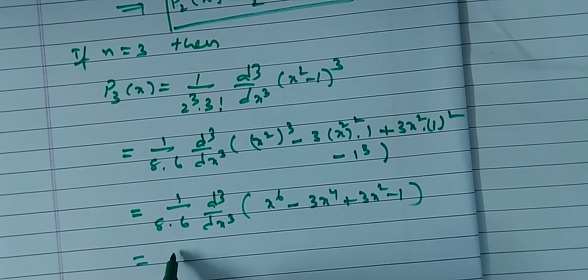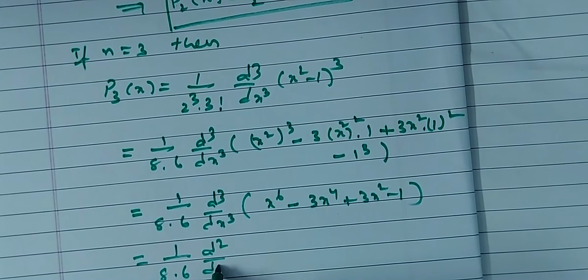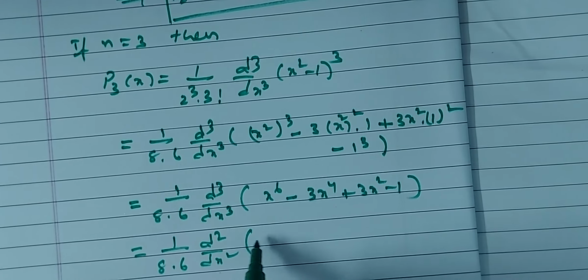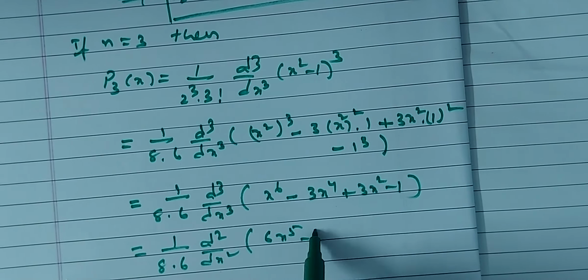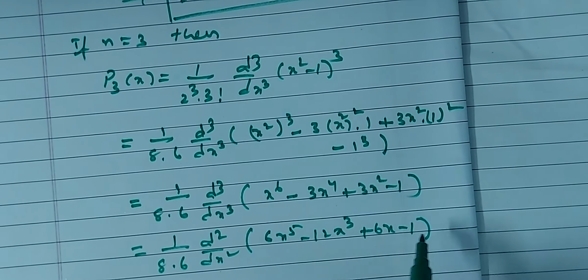So it is 1 by 8 into 6 d square by dx square of 6x power 5 minus 12x cube plus 6x.